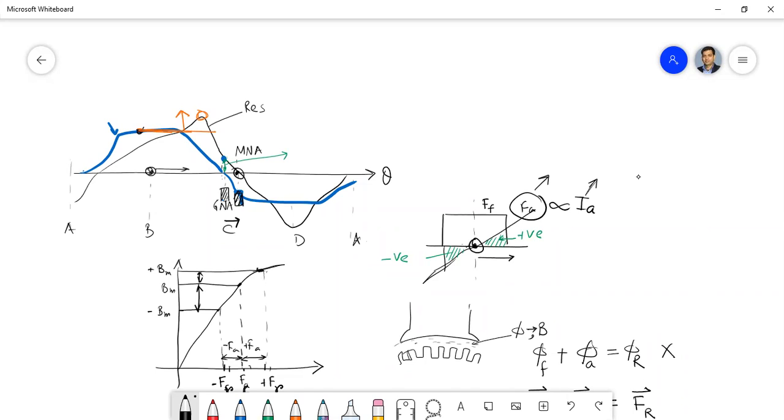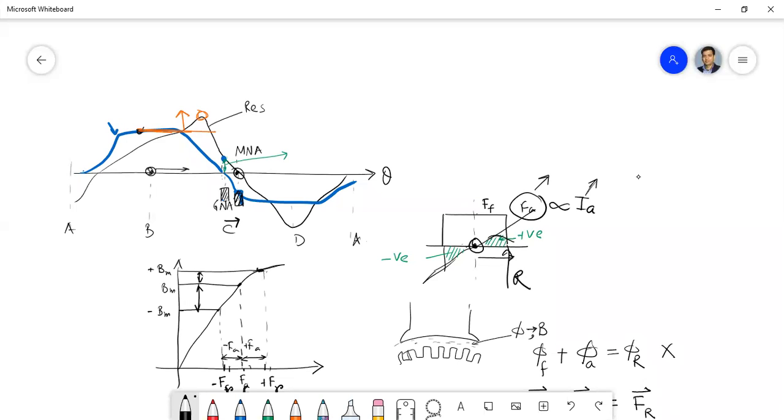So you try to reduce the flux caused by it beforehand. If we can increase the reluctance, then you can make the effect of armature flux go down well before, right?